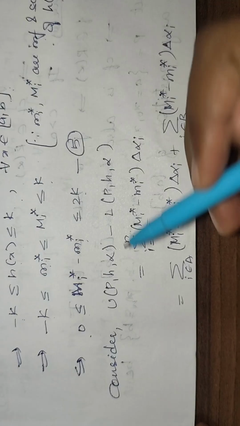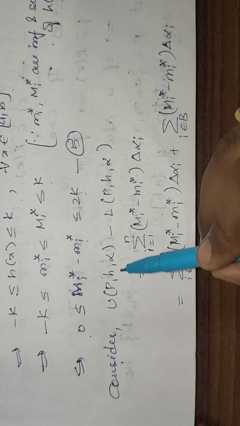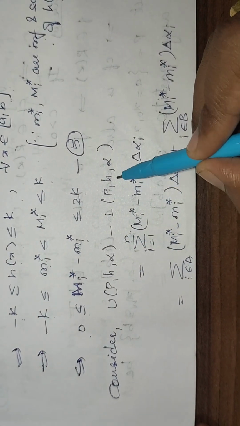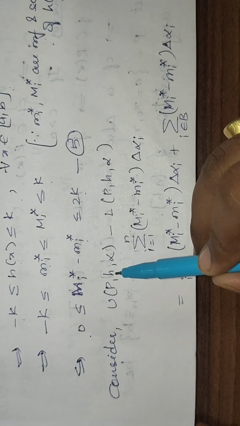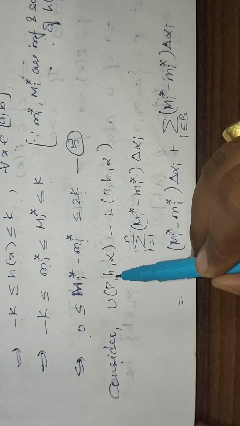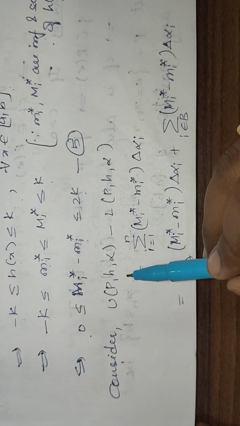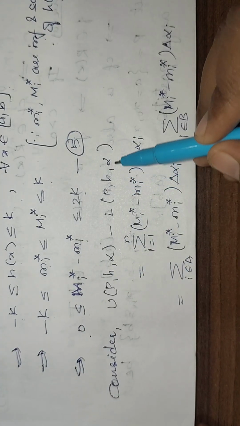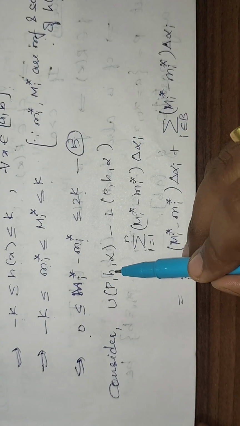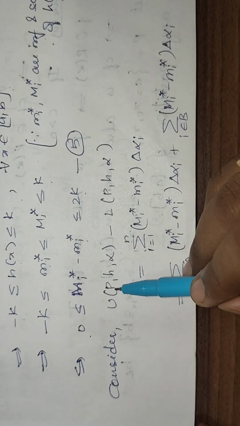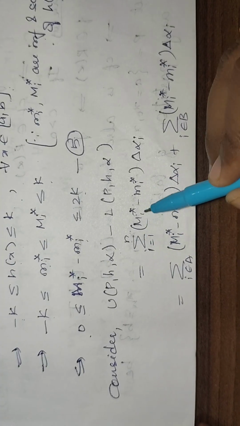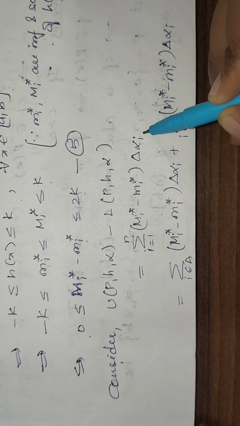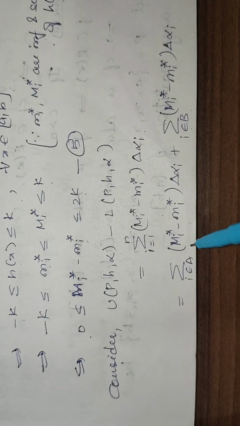Now consider U(P, h, alpha) minus L(P, h, alpha). See, now we need to prove that h belongs to R of alpha, so instead of f, I have taken h here. So the upper sum minus the lower sum of h with respect to partition P and alpha is equal to summation i equal to 1 to n of (capital Mi star minus small mi star) into delta alpha i. So here we have split this into two summations.